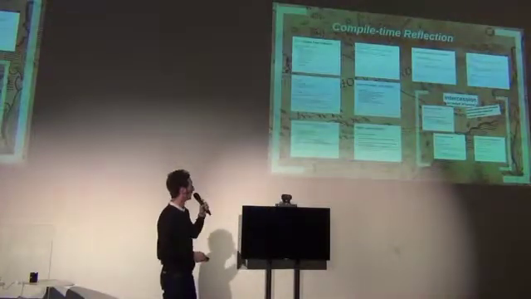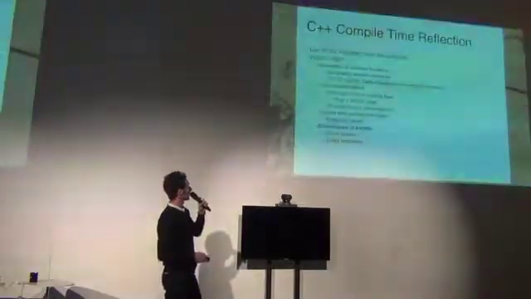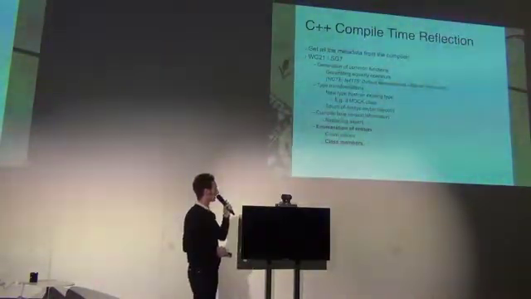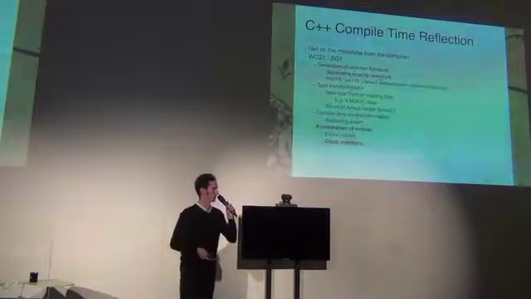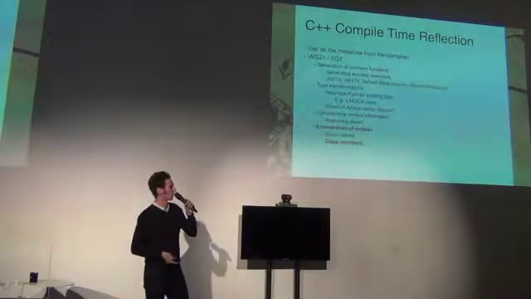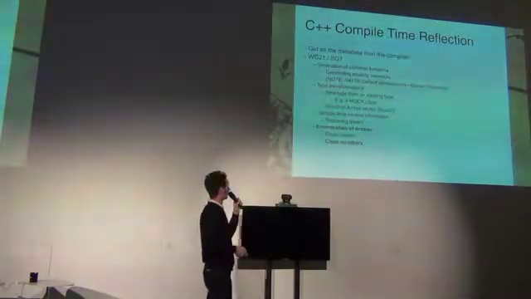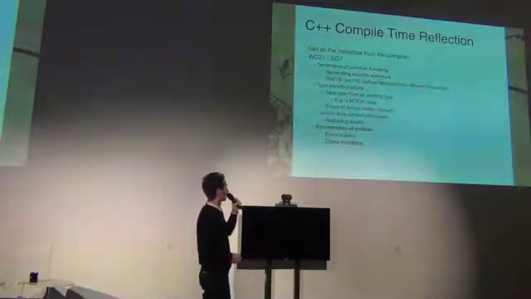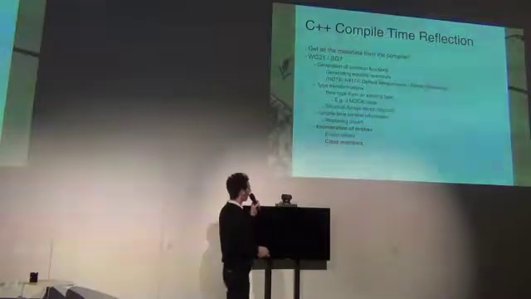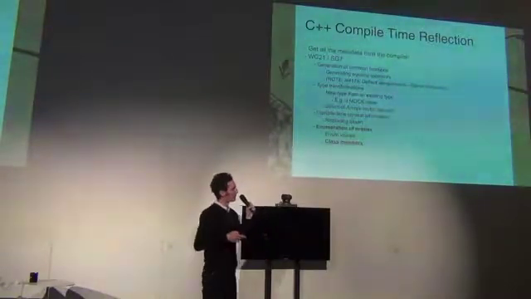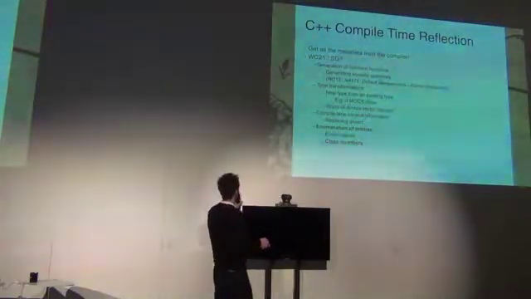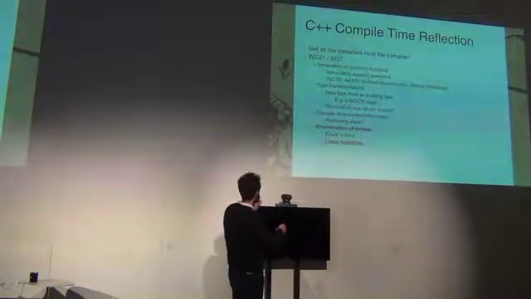So this is exactly what the SG7 study group is about, which is responsible for C++ compile time reflection. They want this, of course, and the goal of their existence is to solve these problems you can see here.